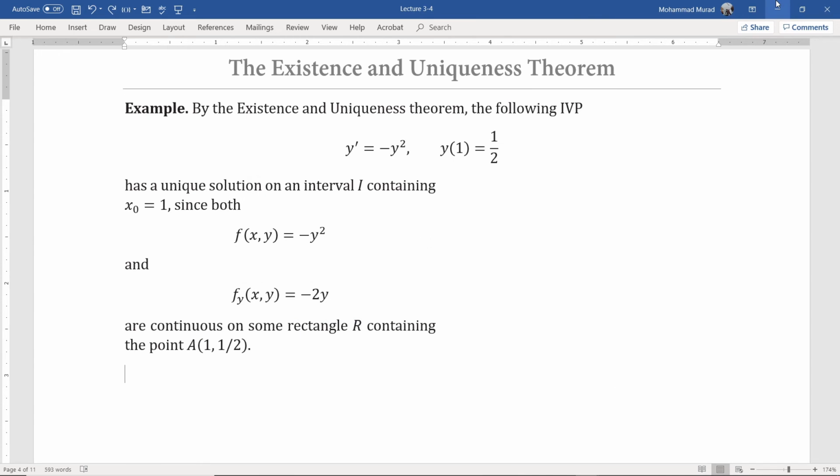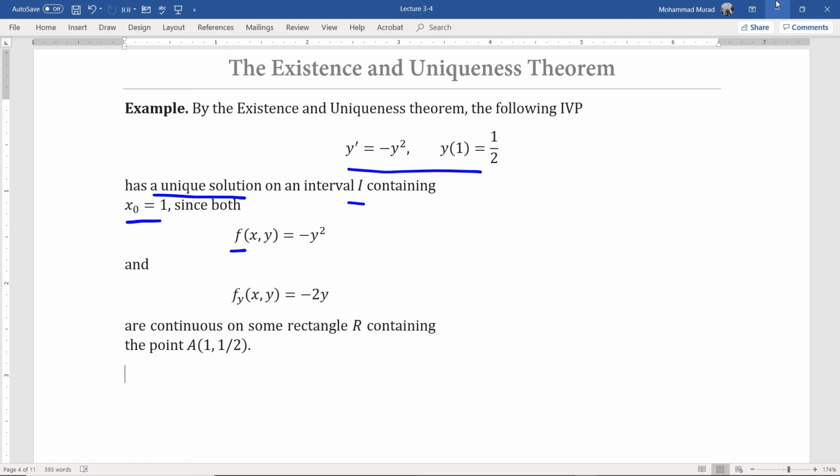Let's look at an example of the existence and uniqueness theorem. By this theorem, the following initial value problem has a unique solution on an interval I containing the point x sub 0 equals 1.